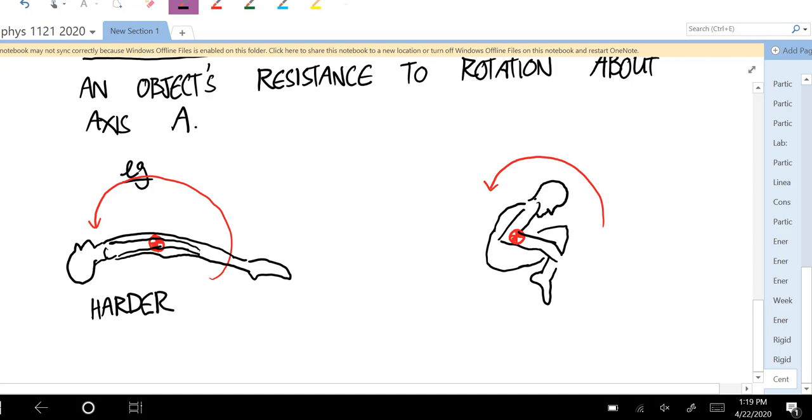And it's harder because it has a big value of the mass moment of inertia.